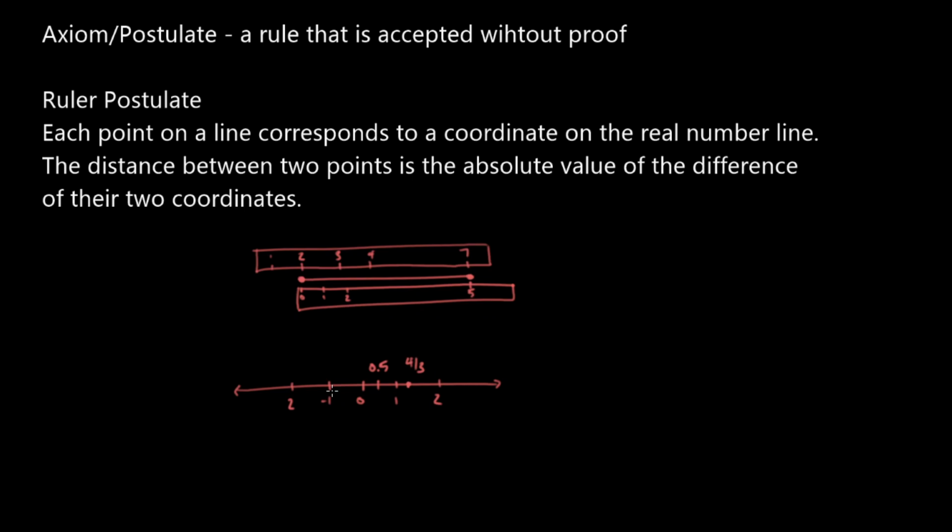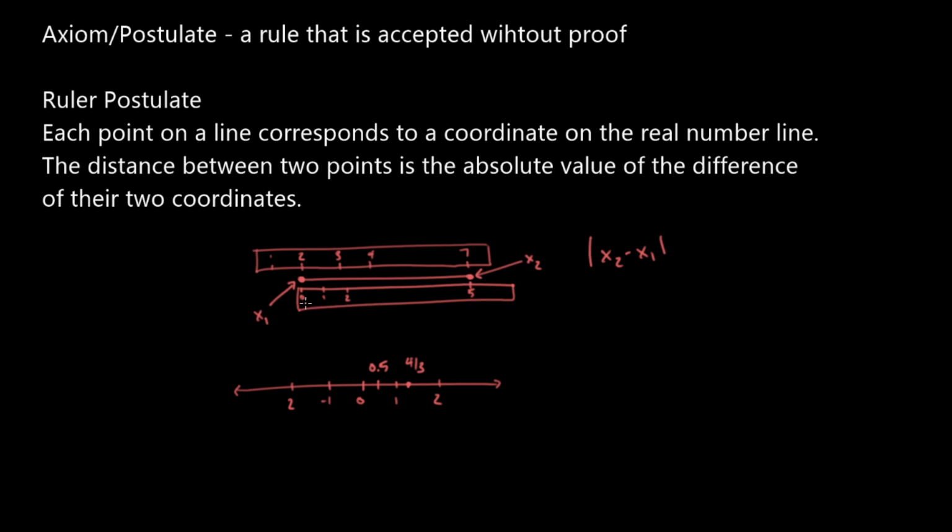And so how we'll normally write this is that we'll call these coordinates. This coordinate here would be something like x1, and this coordinate here would be something like x2. And so their distance would be the absolute value of the difference between these two coordinates.